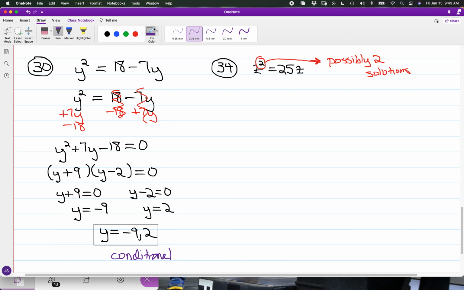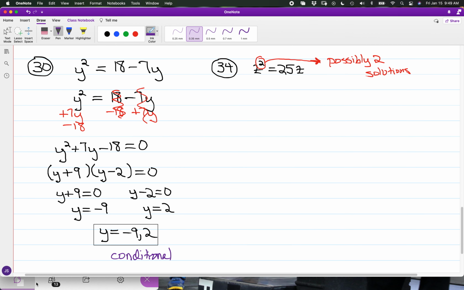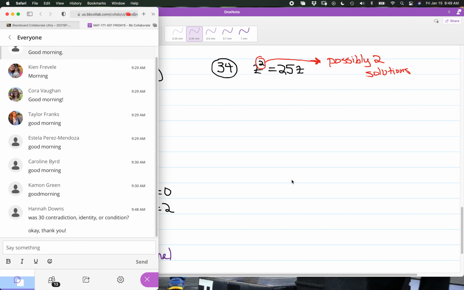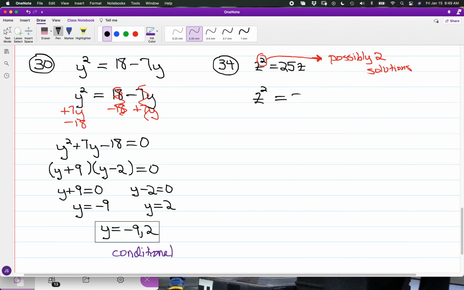All right. So what we have in 34 is z squared is equal to 25z. And here we have a quadratic equation in the letter z.